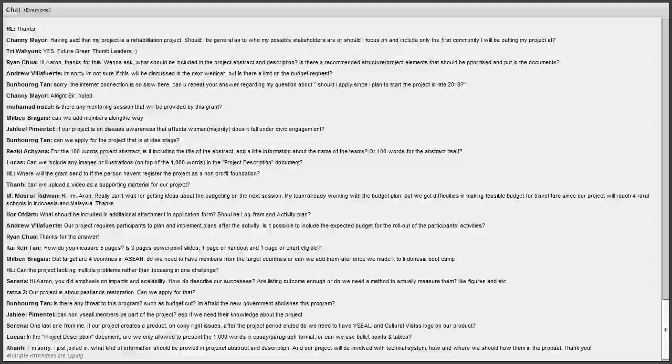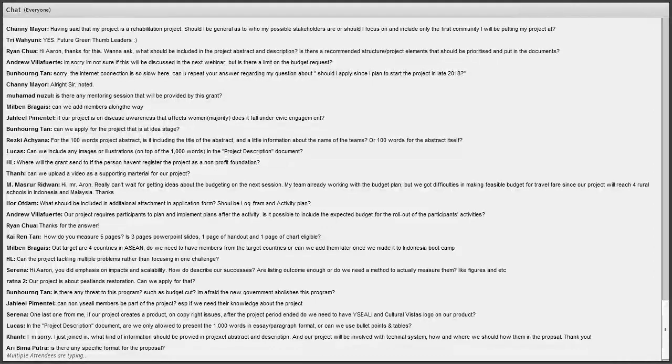You can describe your successes in what you've done in the past and how that will lead to the future. You can also use traditional methodologies for measuring success. It's up to you in your proposal to be as innovative and feasible as possible for what you think is possible for your project.